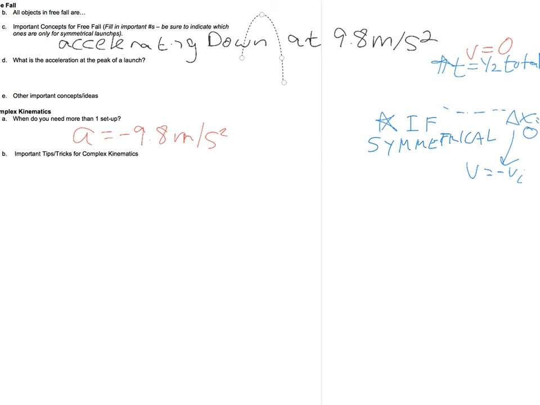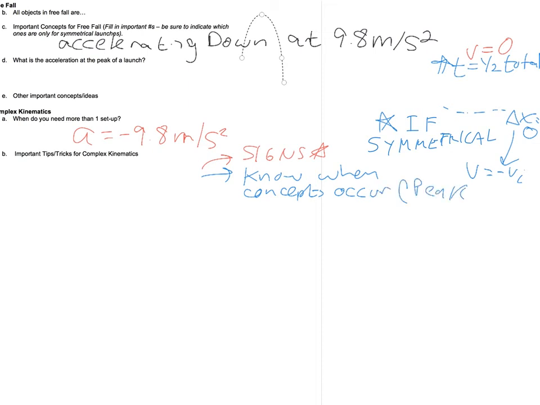Some other important concepts and ideas, right? First of all, signs. Yet again, I know I've said that like 5 times already, but it's worth repeating, are going to be really important here. Another thing that's going to be really important, and this is different than just regular kinematics, is we need to really think about knowing when concepts occur. Okay, is this something that happens at the peak?